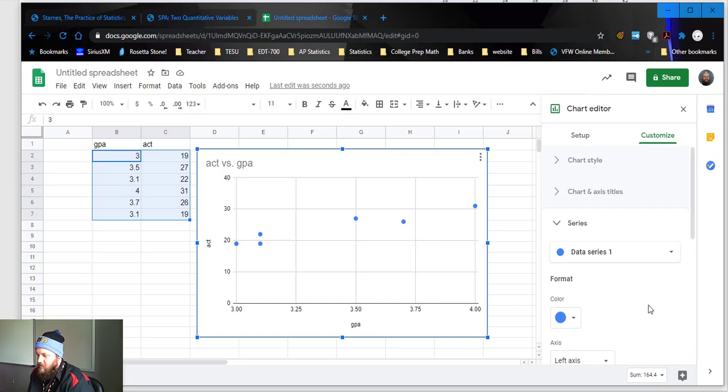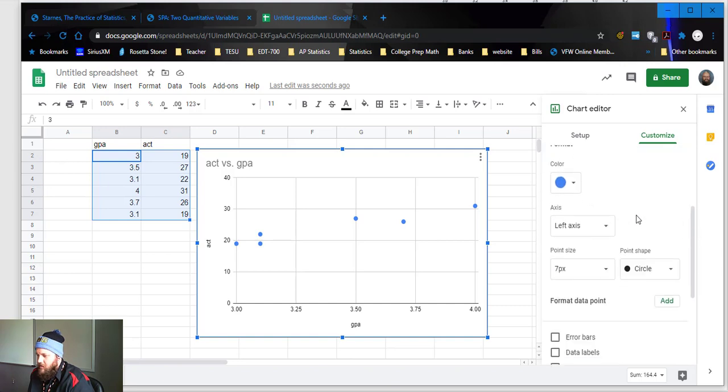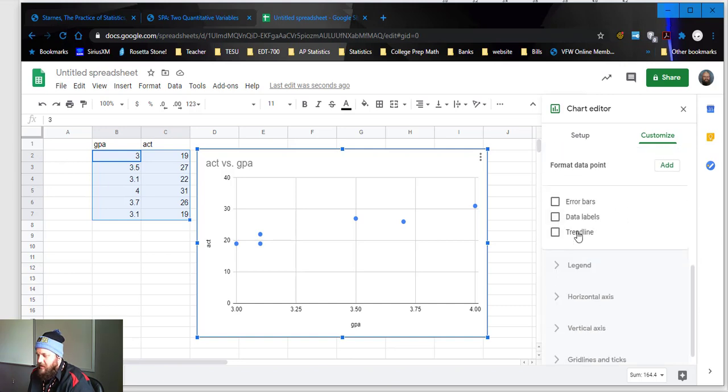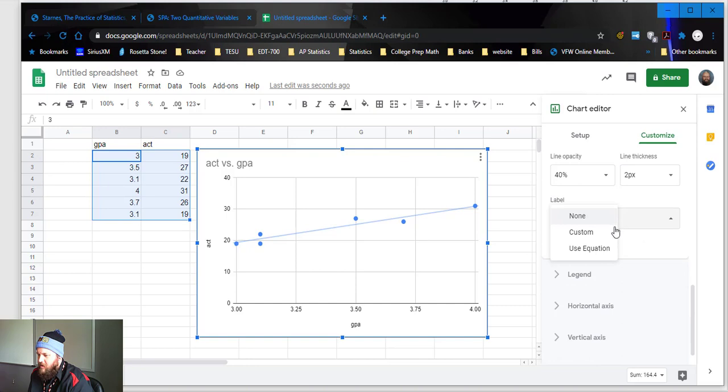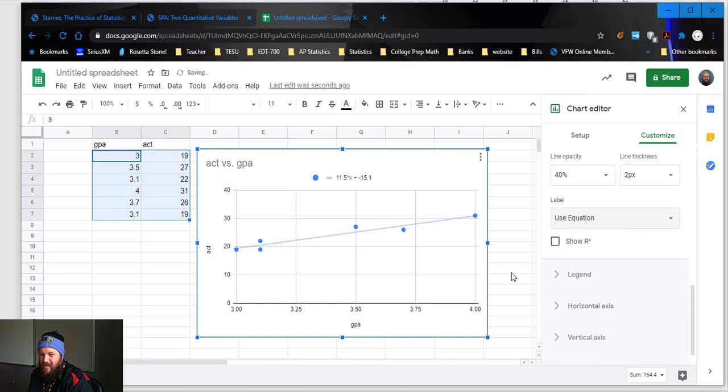Then add Trendline under Series. Under the Trendline options, it says Label, and you want to choose Use Equation. And there's the equation for the least squares regression line.